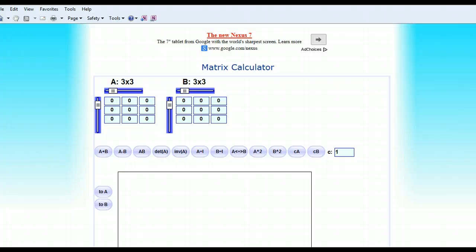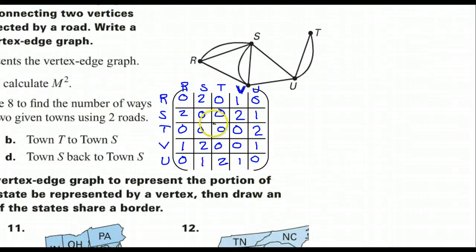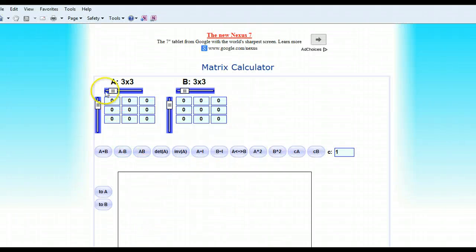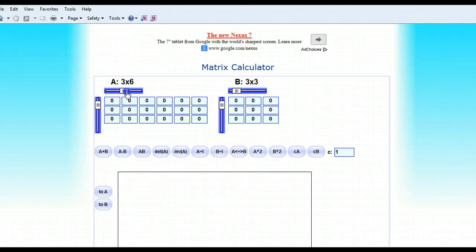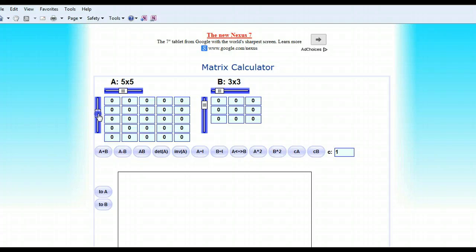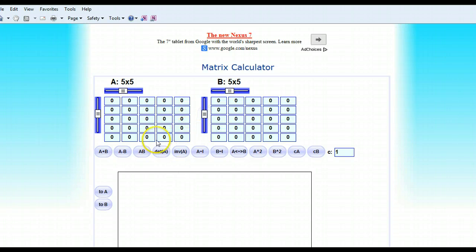Now we're supposed to be squaring this matrix, which means multiplying it by itself. This is a 5 by 5 matrix, so let's use the app to make 2 5 by 5 matrices, and if we make them the same, then we're multiplying it by itself.